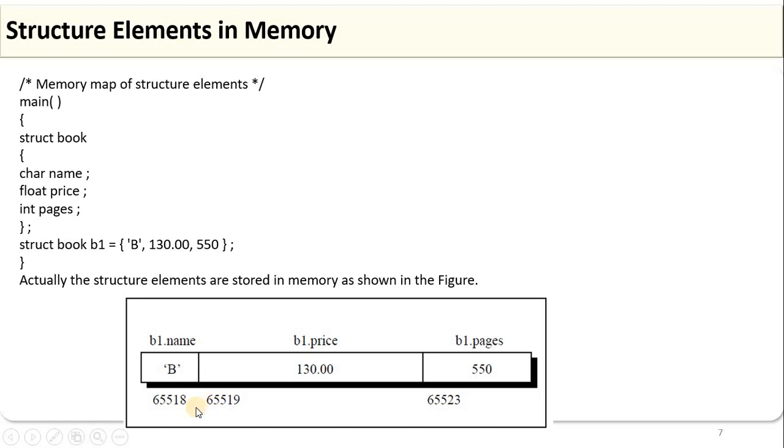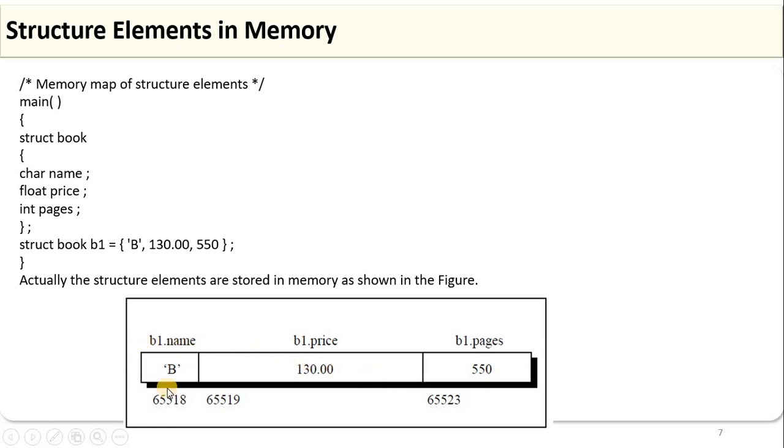So it has to start from the next location 65,519, up to 65,522. Then from 65,523 onwards, the int, that is pages, will occupy another 2 bytes.